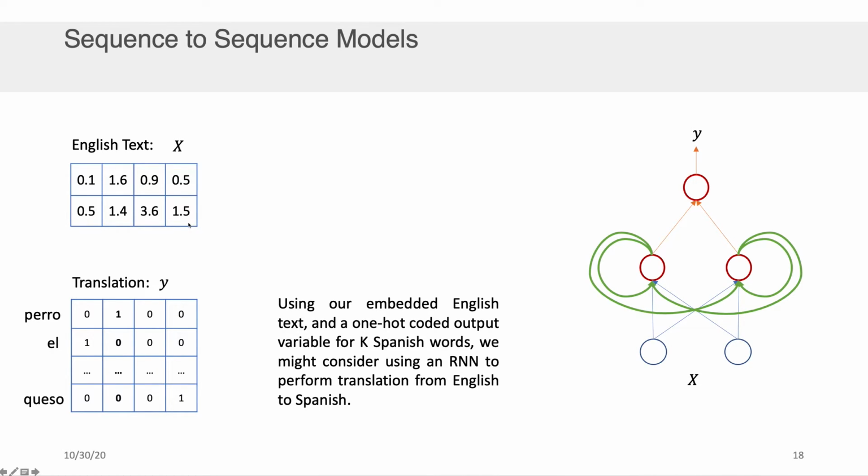And what we want to do is construct an outcome target. Let's call it Y. And this outcome target could be another one-hot encoded vector for each of the words. So for instance, we could have it so that the outcome for this first word, which was the, is el.